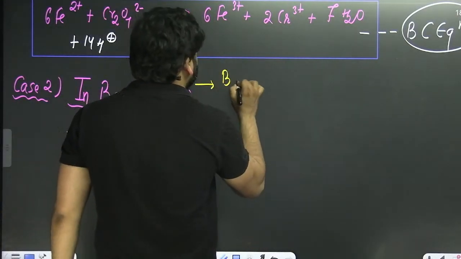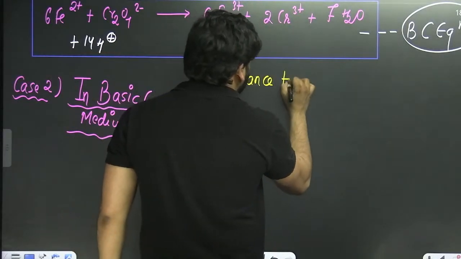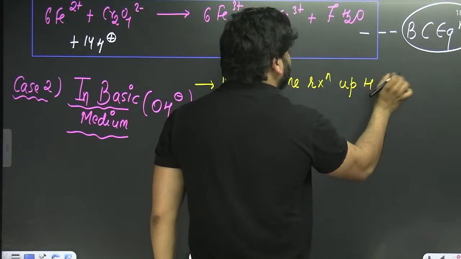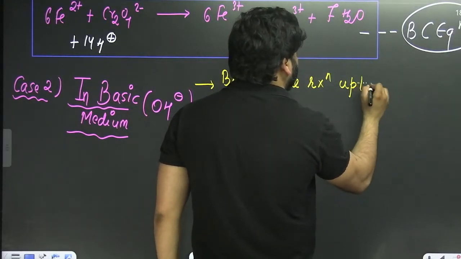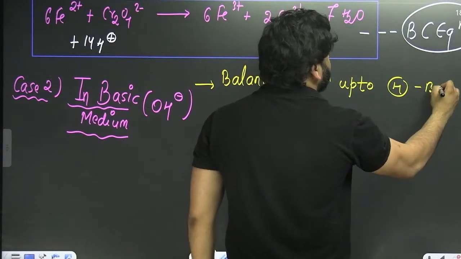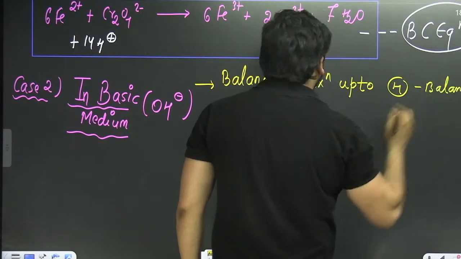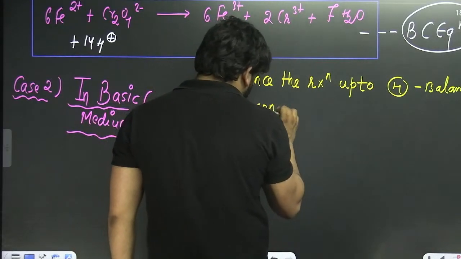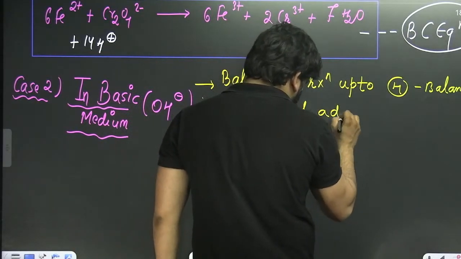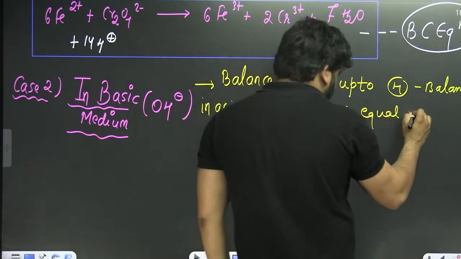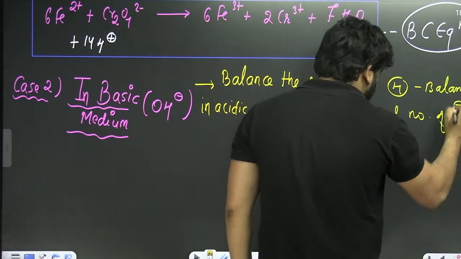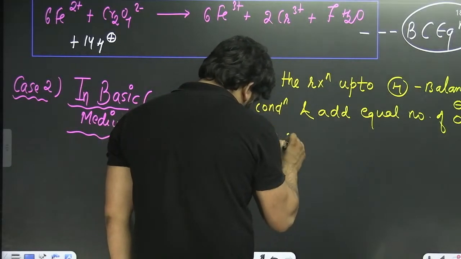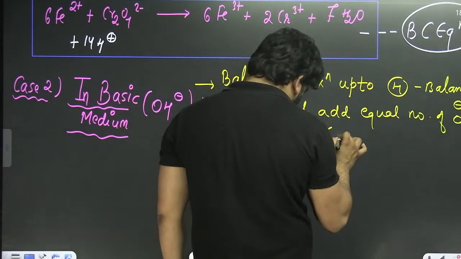Balance the reaction up to hydrogen balancing in acidic condition, and add an equal number of OH minus ions on both sides equal to hydrogen.